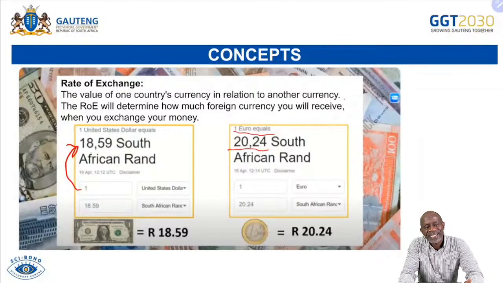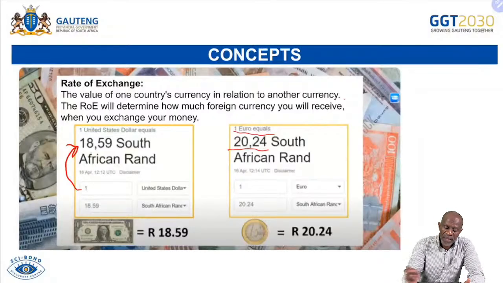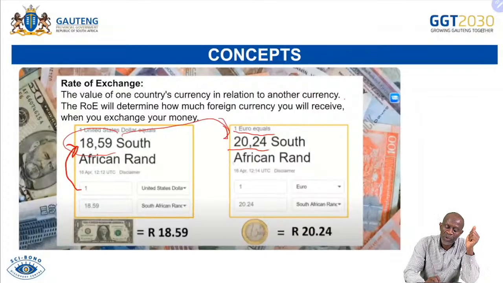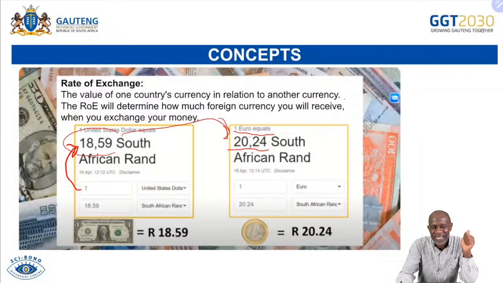And it doesn't stay like that. There are some situations where the dollar is of higher value or it is stronger than the euro. So hence we have alluded to the concept of fluctuation. So these amounts do not stay the same. They can change at any given time in question.